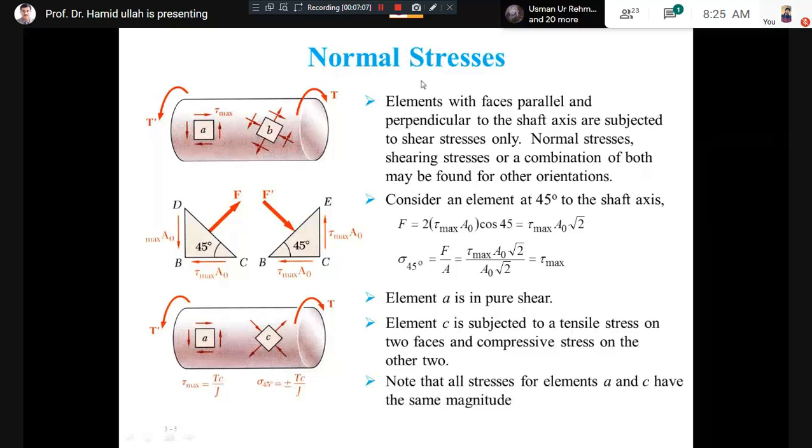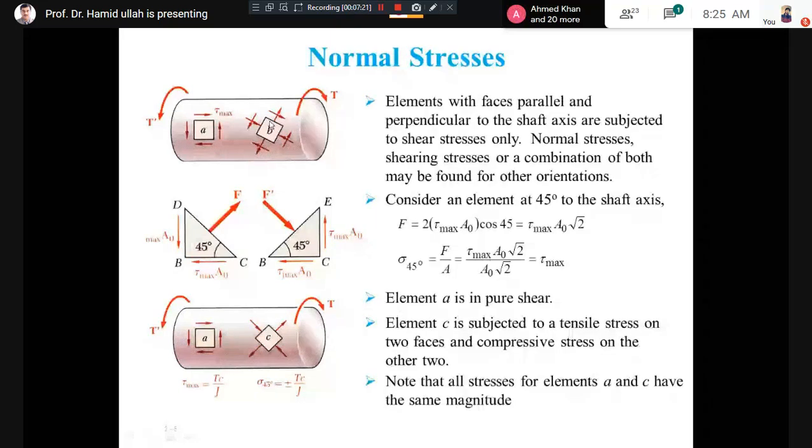Now in the top figure you can see A and B. A and B are both differential elements of the same shaft, which is subjected to the same torque. The difference between A and B is the orientation. If you look at A, it has vertical faces which are perpendicular to the shaft axis.